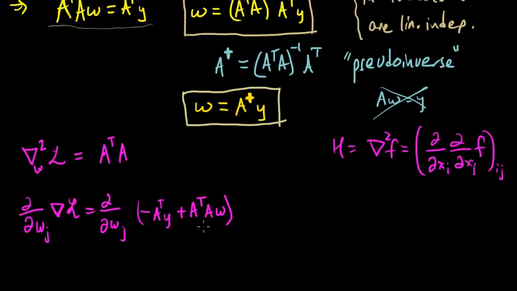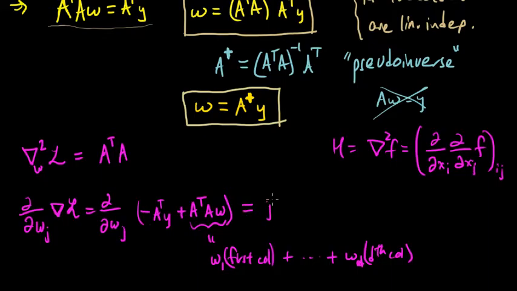And this is a combination of the columns of A transpose A with coefficients W. So this is W1 times the first column of A transpose A, W2 times the second column, and so on, Wd times the dth column. So if we take the partial derivative with respect to Wj, we just get the jth column of A transpose A.